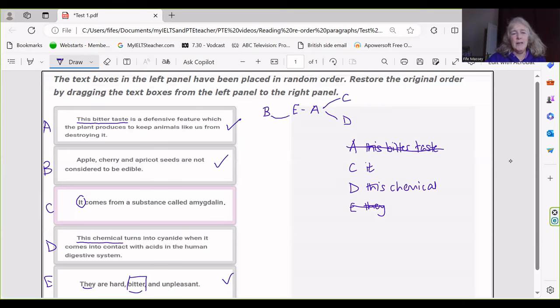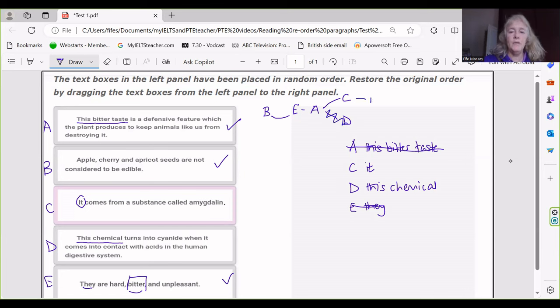This chemical and this bitter taste, not so sure about AD there, because you're making that assumption again that a chemical is bitter, and that's not necessarily true. But AC explains where the bitter taste comes from. The bitter taste comes from a substance called amygdalin.